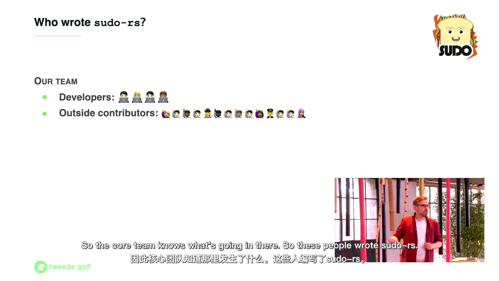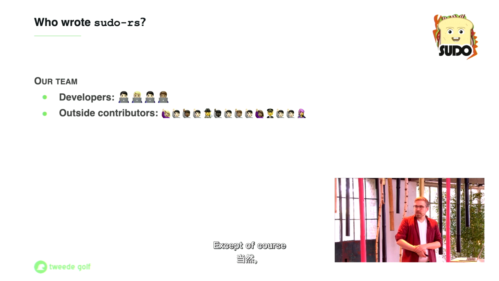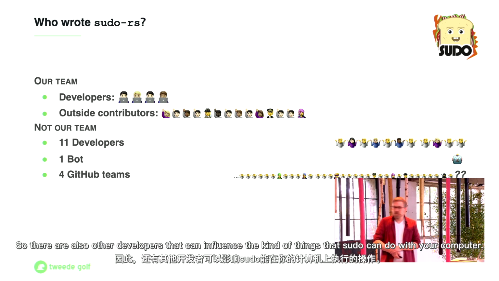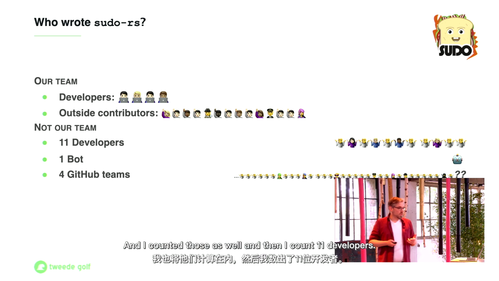So these people wrote sudo-rs, except of course, that's not the entire story, because we are using Rust, and Rust has dependencies. So there are also other developers that can influence the kind of things that sudo can do with your computer. And I counted those as well, and I count 11 developers.